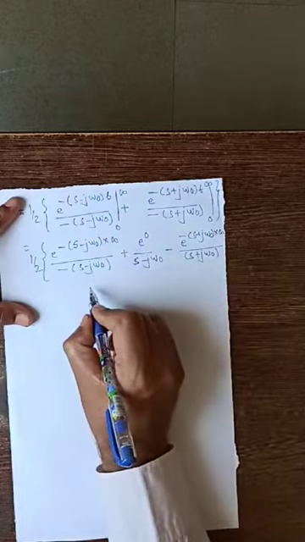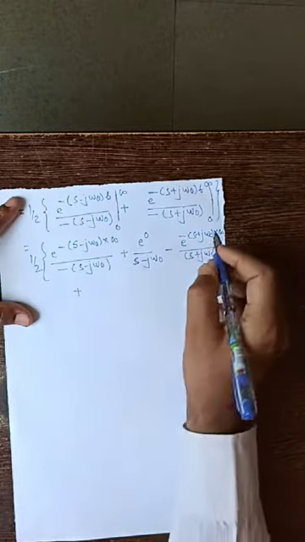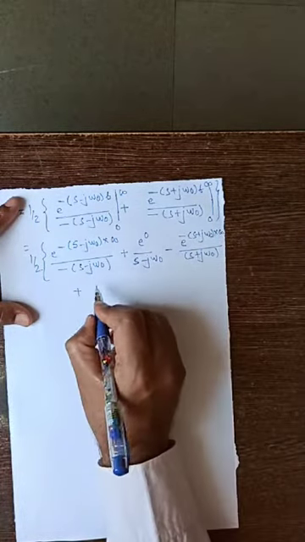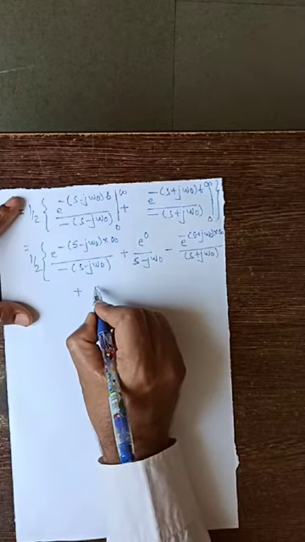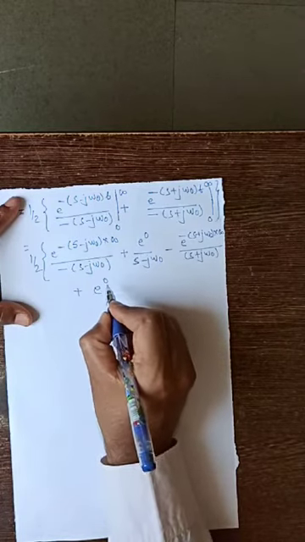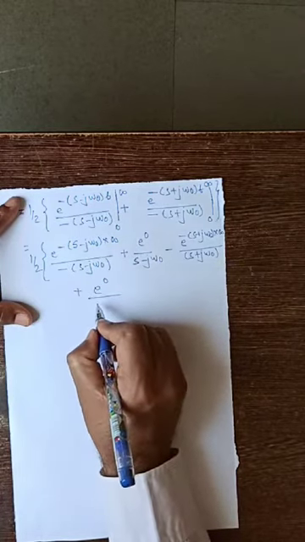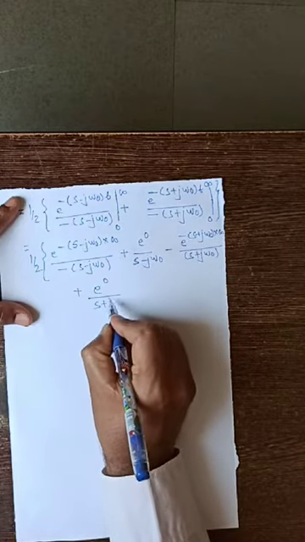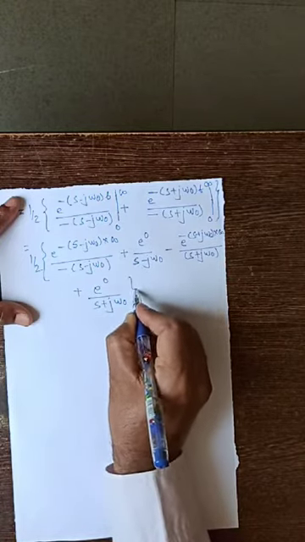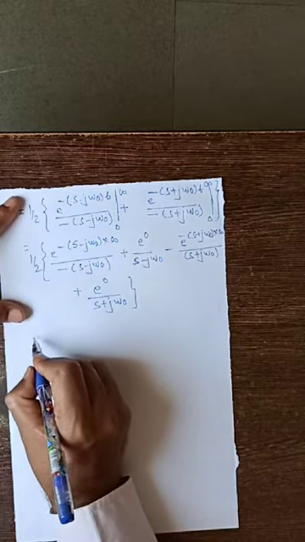So minus minus becomes plus, put the lower limit equal to 0. So e raised to 0 divided by s plus j omega naught, bracket complete.